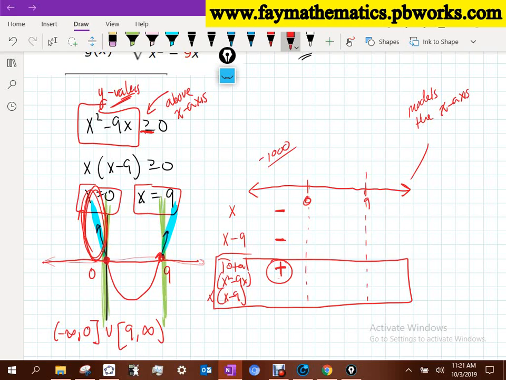If we look at the graph here, let's just say I choose 6. Then I get 6, which would be a positive number there. And 6 minus 9 would be a negative. What's a positive times a negative? A negative, and that's why we're seeing over in our graph that those values are below the x-axis.